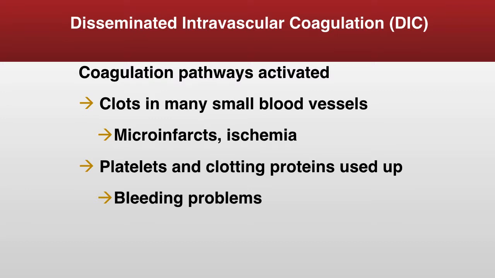They will bleed from every IV stick that they had before, because as those platelets and clotting proteins are used up, then the fibrolytic enzymes start acting on those clots, and all of a sudden they're bleeding everywhere. This is a really sick patient.